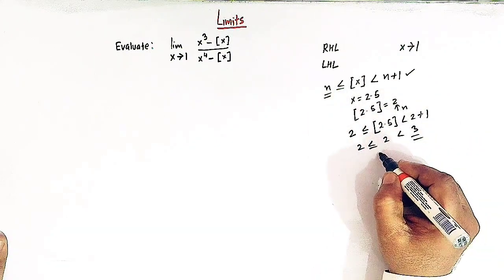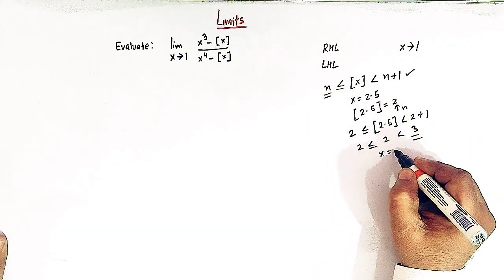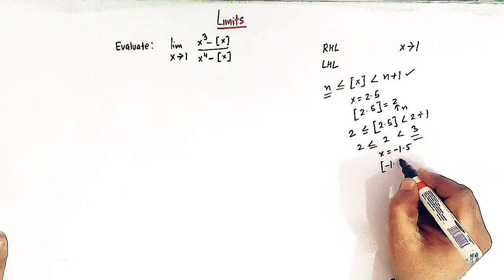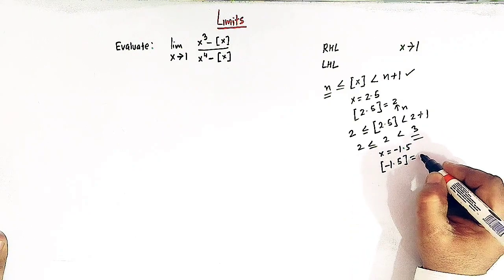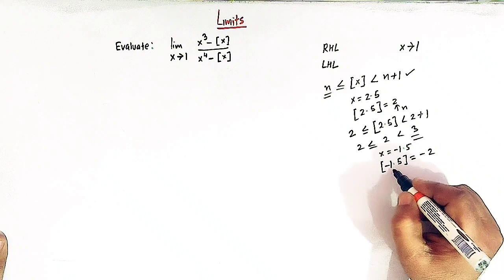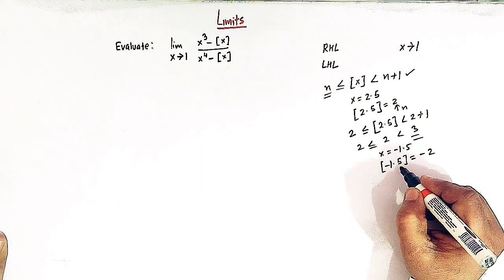Similarly, if we have a negative number, say minus 1.5, then the greatest integer of minus 1.5 is equal to minus 2, because minus 2 is the greatest integer less than or equal to minus 1.5.